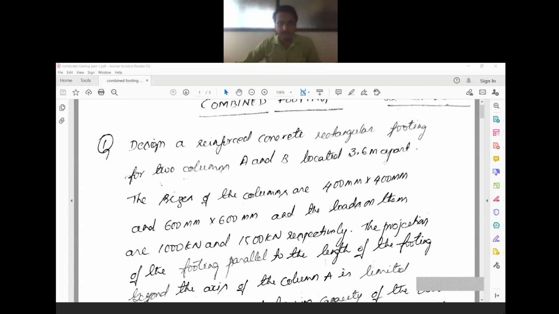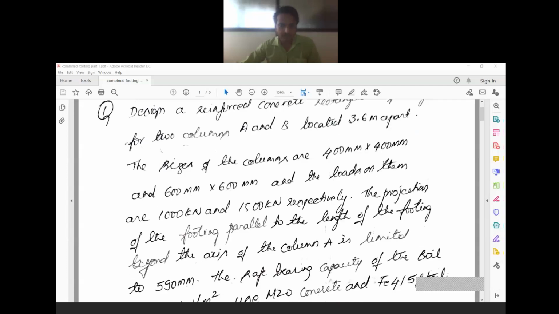Design a reinforced concrete rectangular footing for two columns A and B located at 3.6 meter apart. The sizes of the columns are 400 mm by 400 mm and 600 mm by 600 mm, and the loads on them are 1000 kilonewton and 1500 kilonewton respectively.